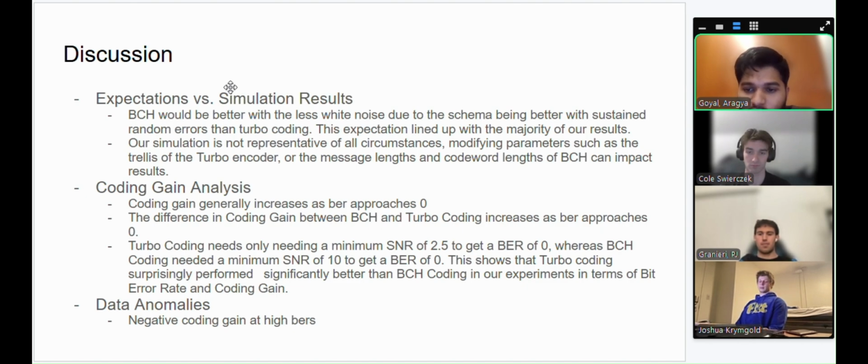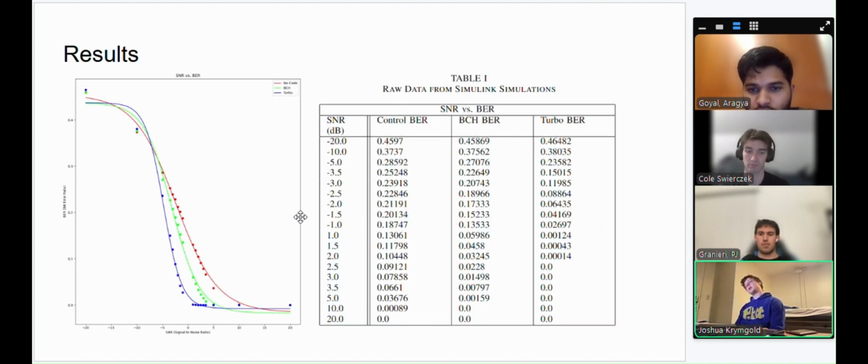This demonstrates that turbo coding performs better than BCH coding in our experiments in terms of bit error rate and coding gain.